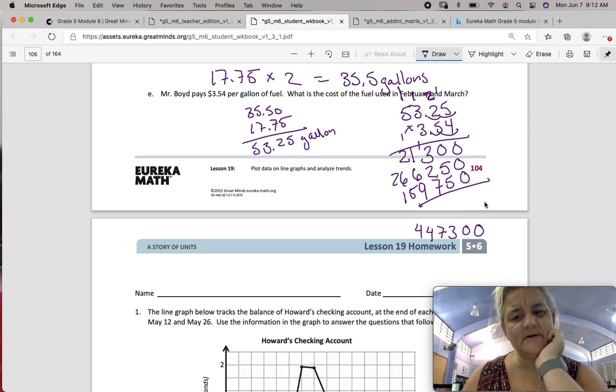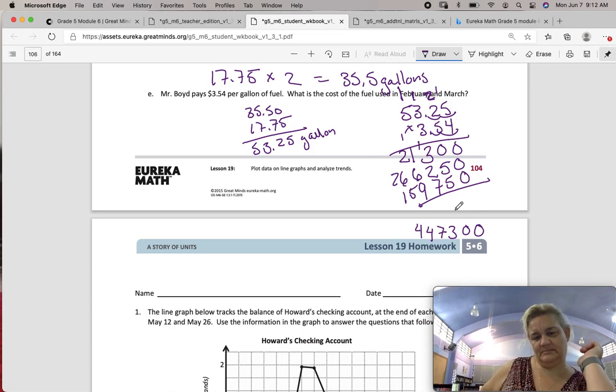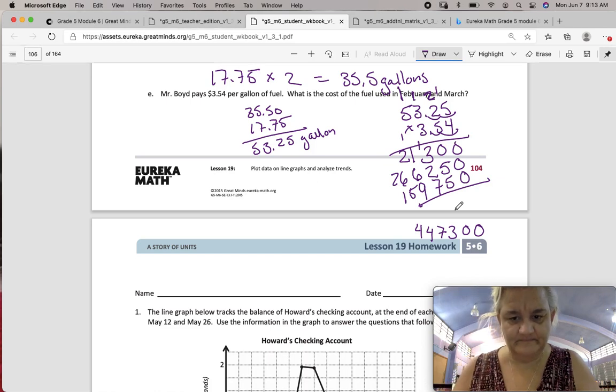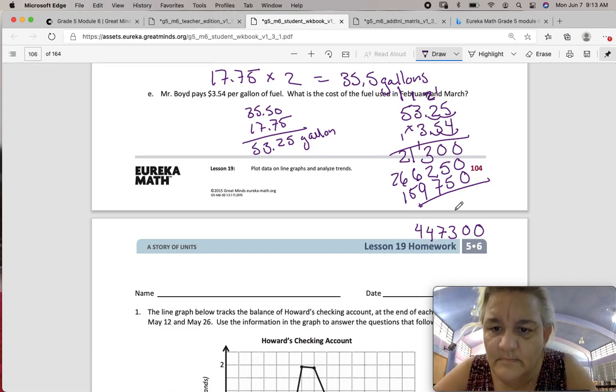What am I doing wrong? Get out my calculator and see what I'm doing wrong here. So if they used 53.25 times $3.54, I have no idea what I did wrong.